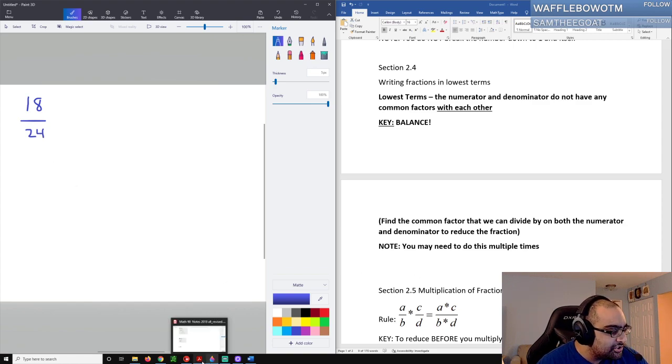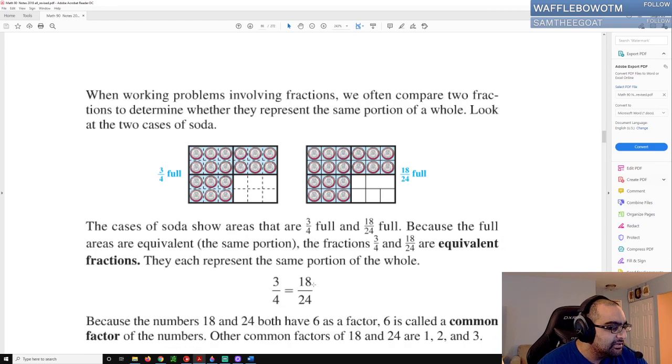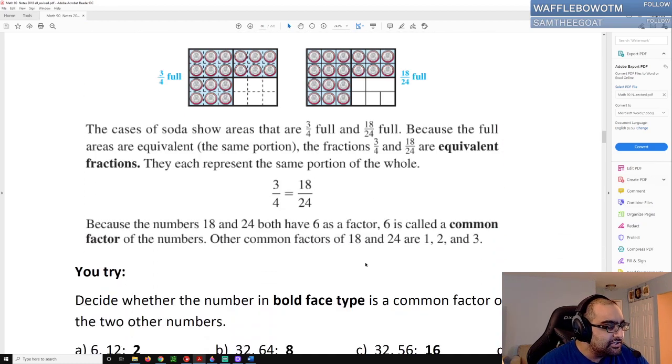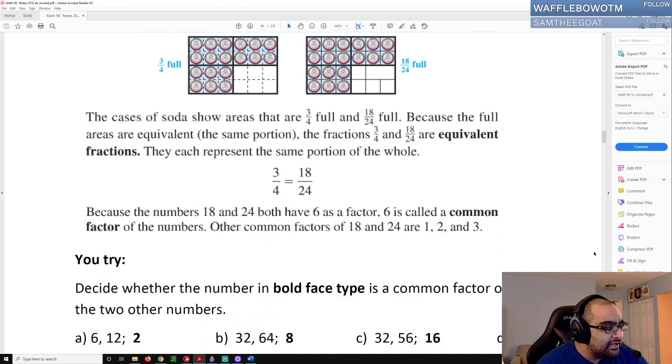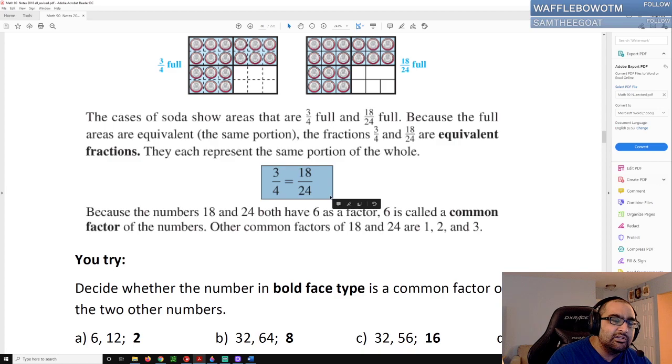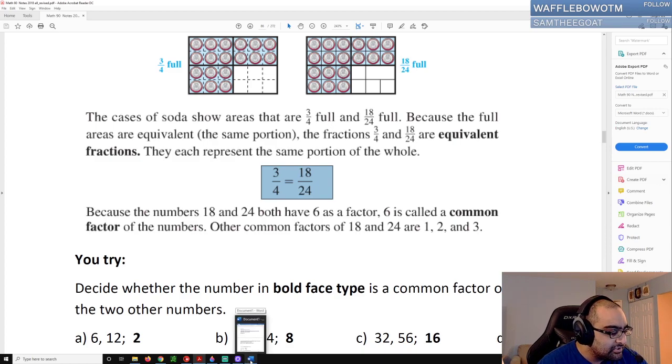Just to showcase this in the book here, if you see on this page, 18 over 24 is equal to 3/4. What we're going to showcase is exactly how we get to 3/4. I'll do it in a couple of ways, so I'm going to do this problem out and show exactly how this works.